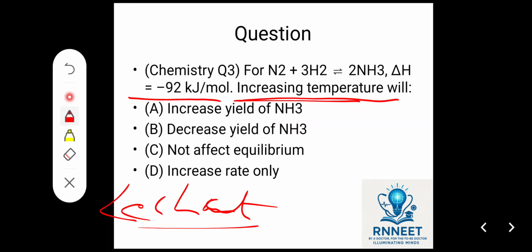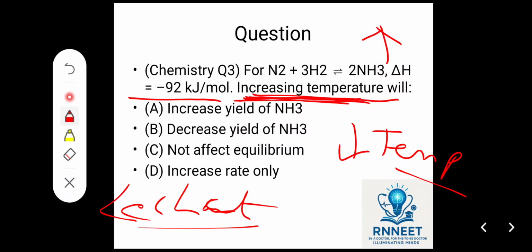Now you know that this is an exothermic reaction, which means as NH3 is formed, the temperature is increasing. If you increase the temperature of the reaction, the reaction will proceed towards the side which will lead to a decrease in temperature. If the forward reaction occurs, more and more NH3 is formed and the temperature will increase, but you're already increasing the temperature.